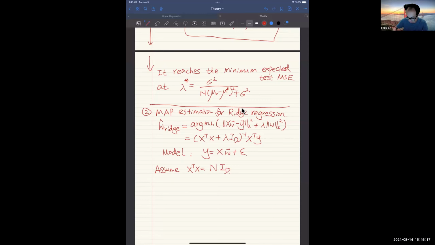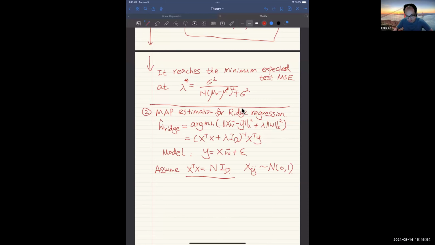You can think of x_ij as roughly standard Gaussian. If the dimension is large enough, X transpose X will be close to an identity matrix times n.